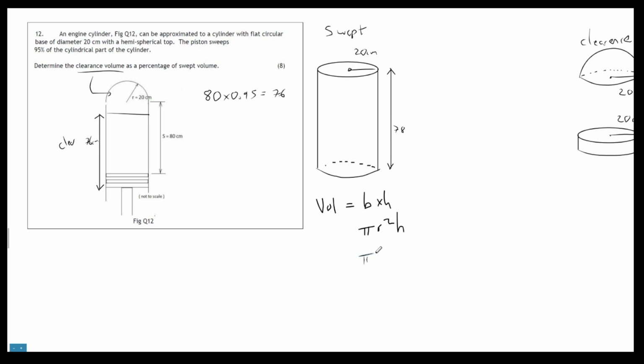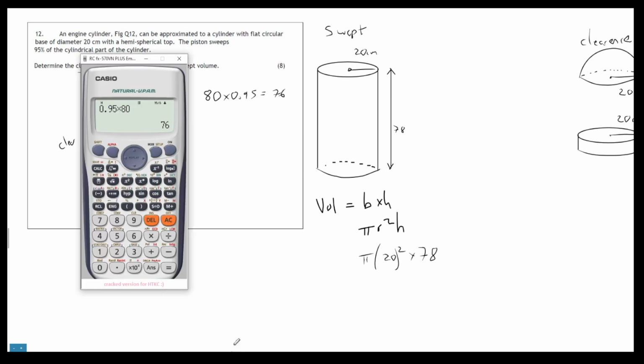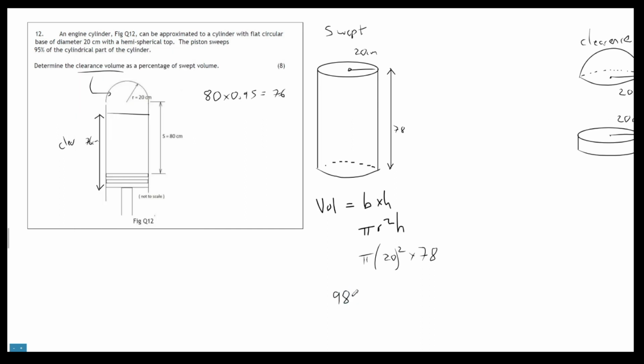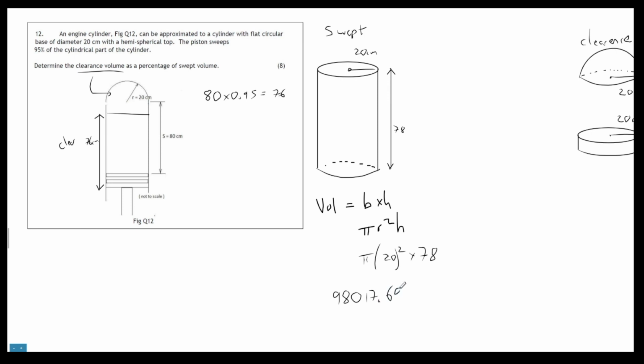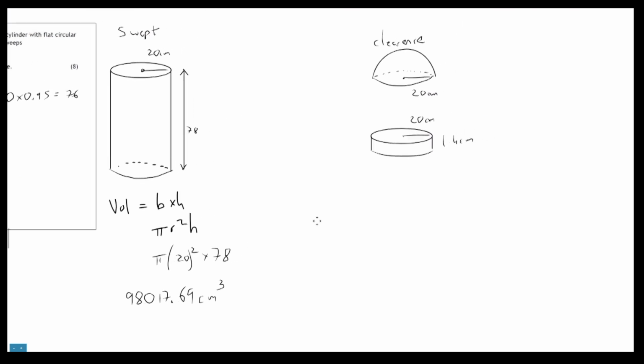So let's just go for it: pi times 20 squared times 78. This is going to be the volume in centimeters cubed of that swept. So it's 98,017.69 centimeters cubed. Wonderful.